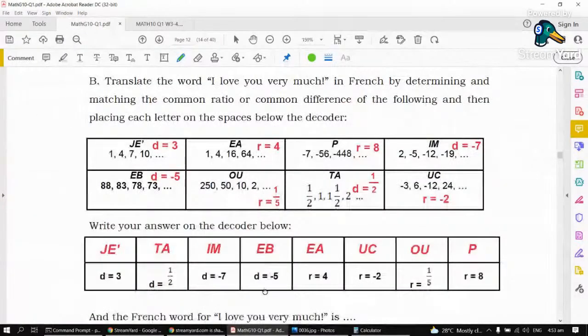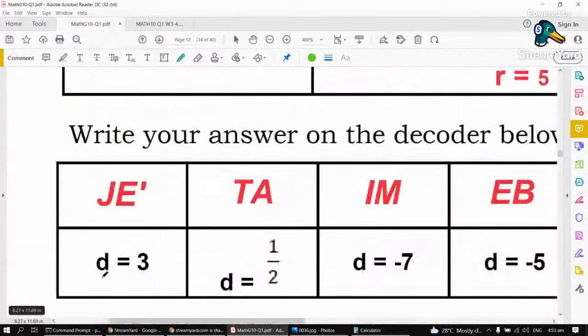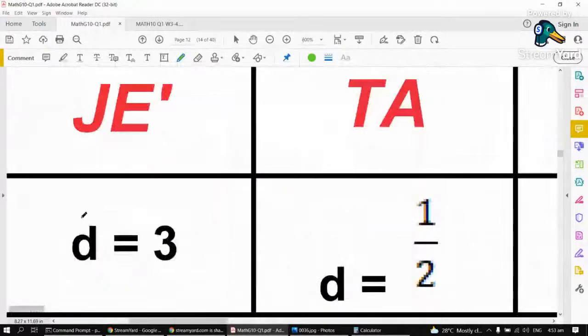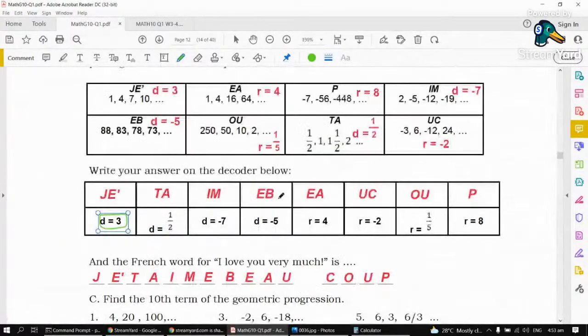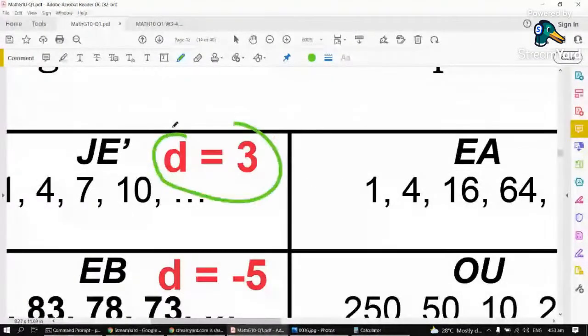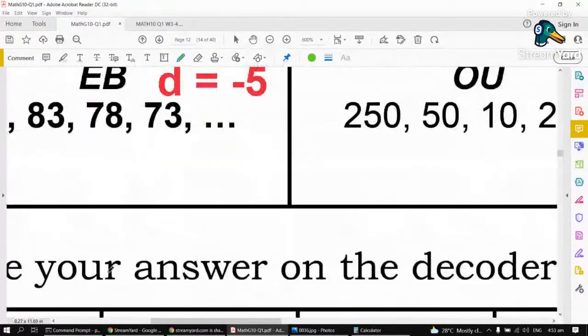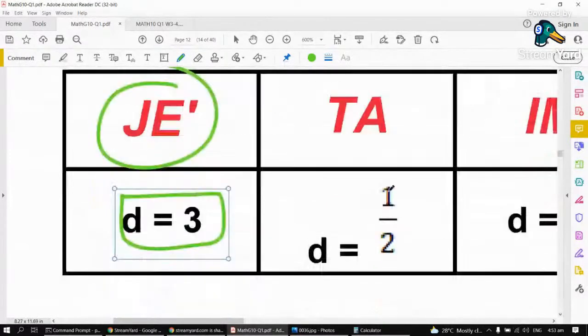And then, ima-match lang natin tong mga letters, no? First is D is equal to 3. So, ang common difference na 3 is JE apostrophe. So, maglalagay tayo ng JE apostrophe. Next, common difference is 1/2.